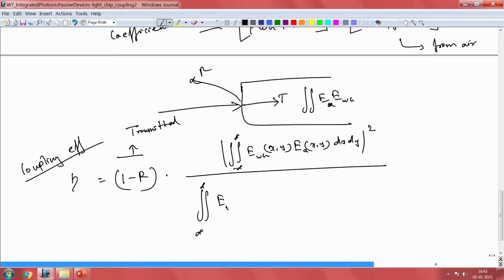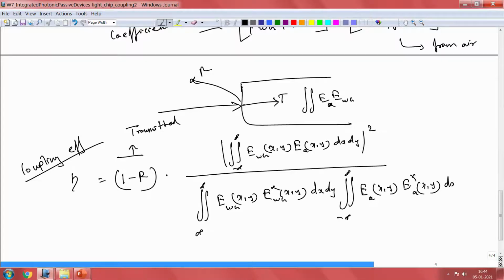So your waveguide field and your input field. So this will give us our field overlap, right. So this whole equation that we have is a characteristic of our coupling, alright.